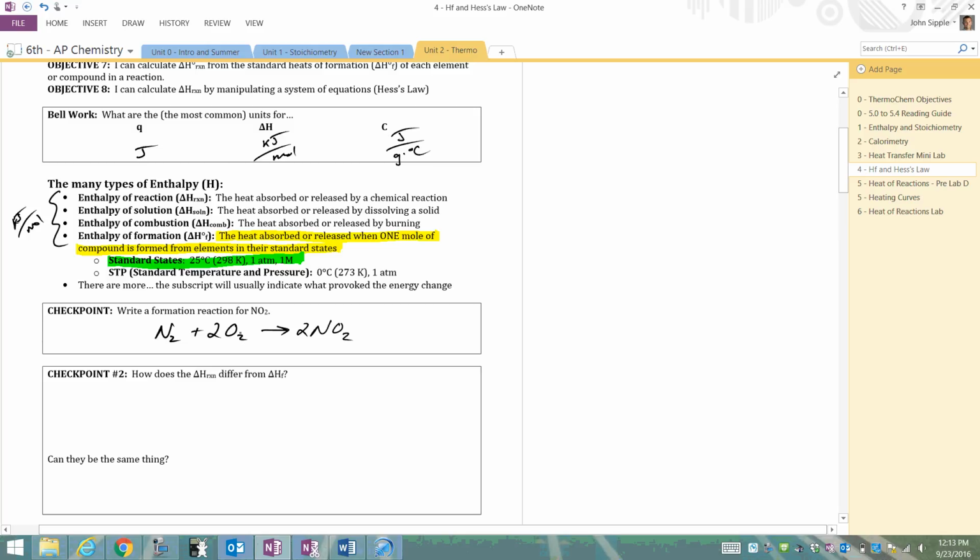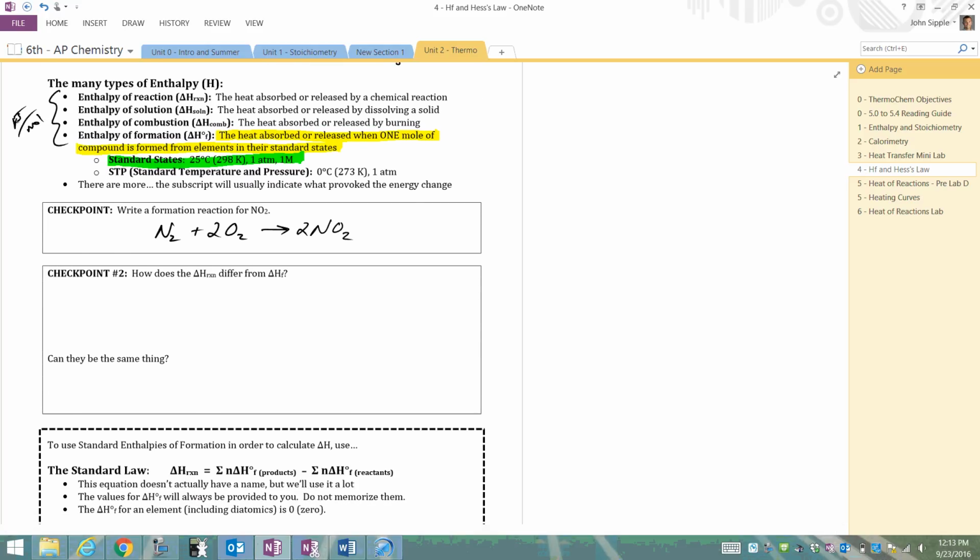Okay. So that leads you to the question, well, does the heat of reaction differ from the heat of formation, the enthalpy of formation? Well, yeah, it does a little bit, right? Because in one, you're looking at a reaction, and this can happen at any state, at any state or conditions or whatever, right?